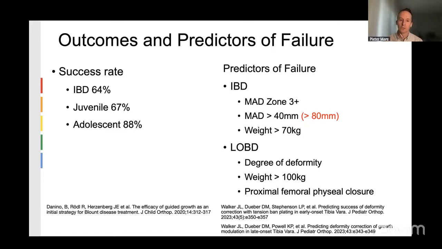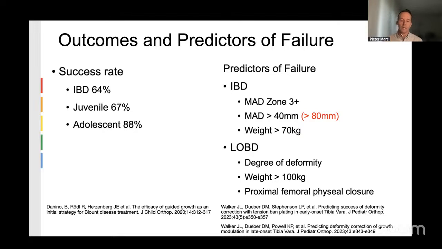However, all children with a mechanical axis deviation greater than 80 millimeters ended up having treatment failure. Weight greater than 70 kilograms in the infantile group, and then in the late onset Blount's disease group, the magnitude of deformity once again, but not stipulated exactly how much, weight greater than 100 kilograms, and proximal femoral physeal closure as a surrogate for skeletal maturity.